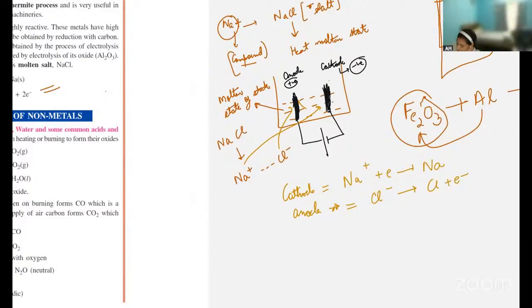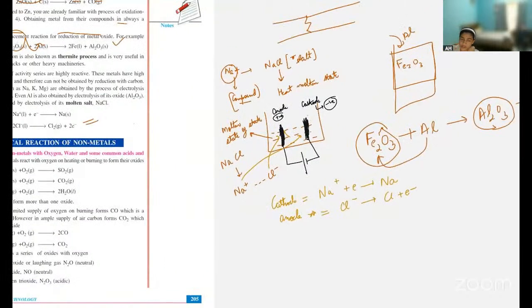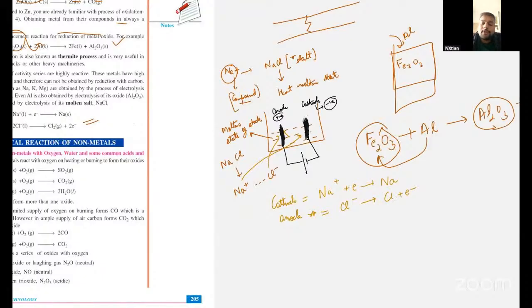So the salt is not a sulfide ore or a carbonate ore. The higher reactivity metals will not be found in carbonate ore and sulfide ore. Why? Because of the higher reactivity.